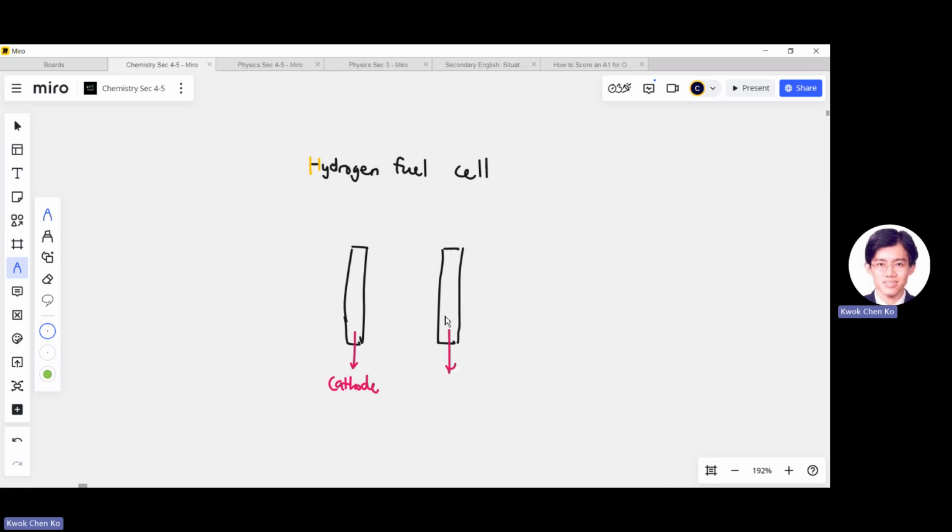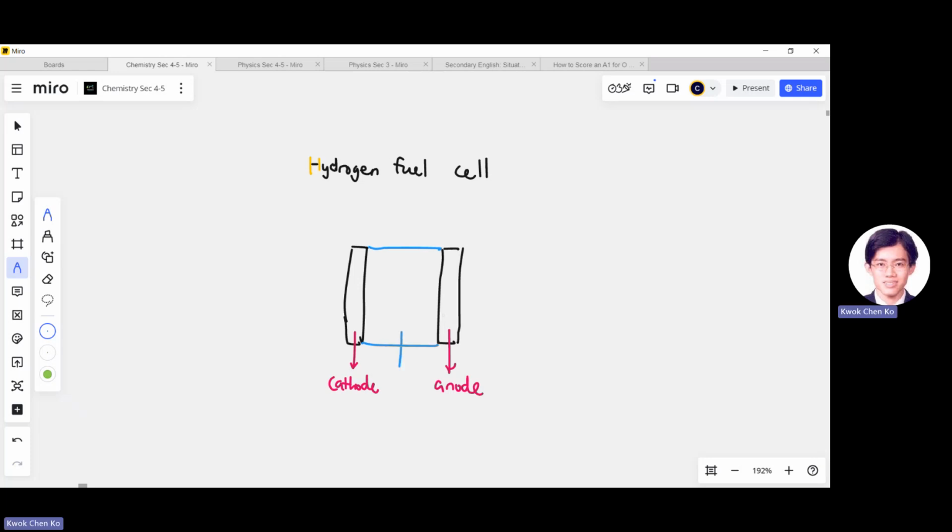The other is the anode. But I also want to stress something. The electrolyte is not exactly aqueous or liquid. That is the unusual thing. In real life, the electrolyte can be a solid too, but no need to explore too much into this for O levels. So I have something in between.